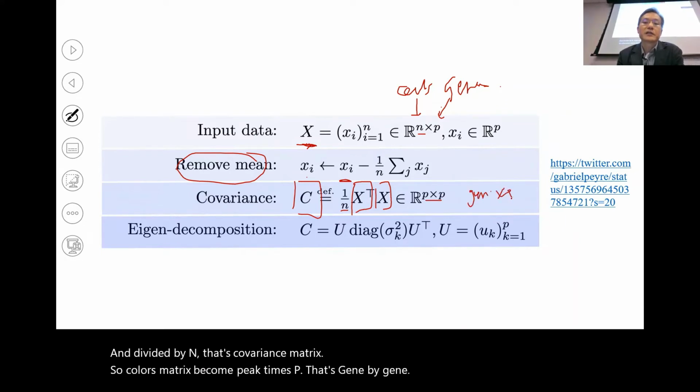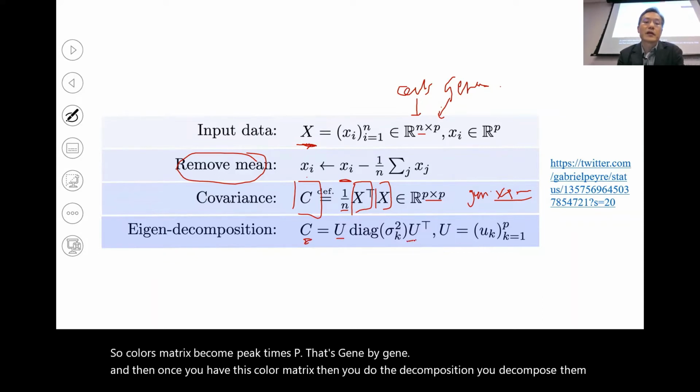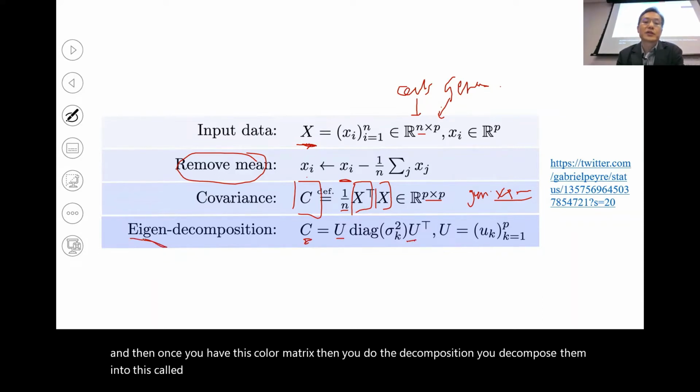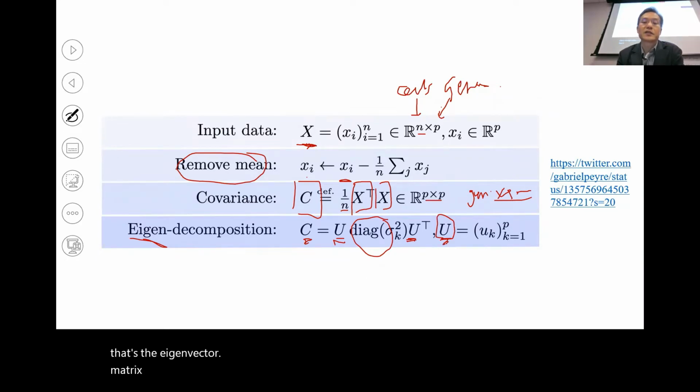And then once you have this covariance matrix, you do the decomposition. You decompose it, and this is called eigen decomposition. So you have your eigenvalues in the middle, and then that's the eigenvector matrix, the eigenvectors. That's the PC. Okay.